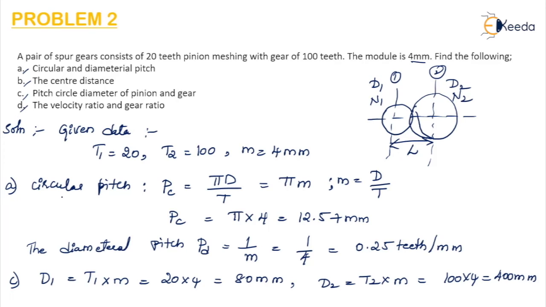So we have found the pitch circle diameter of the pinion, D1, 80 mm, and the pitch circle diameter of the gear, D2, 400 mm.